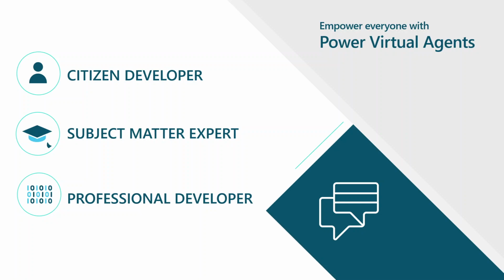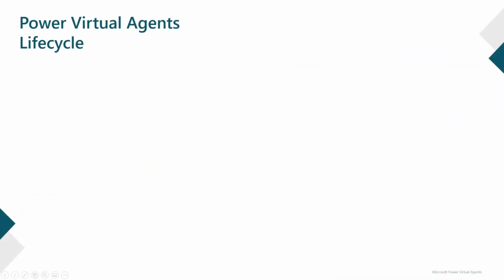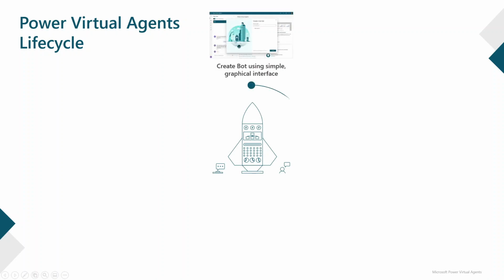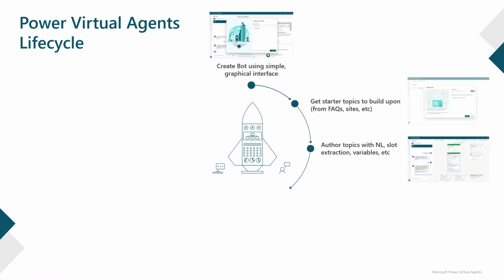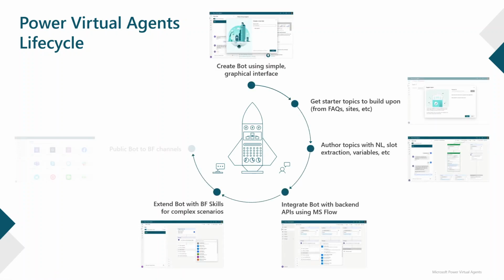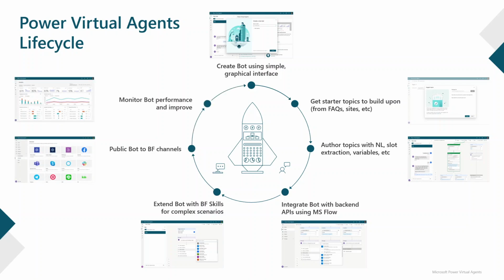It's really, really powerful. If you look at how a life cycle typically goes when we're building out a Power Virtual Agent solution, we log in, we create a bot. You can then feed it some starter topics by pointing it at FAQs or uploading a document that's got FAQs in it, and build starter topics from those.